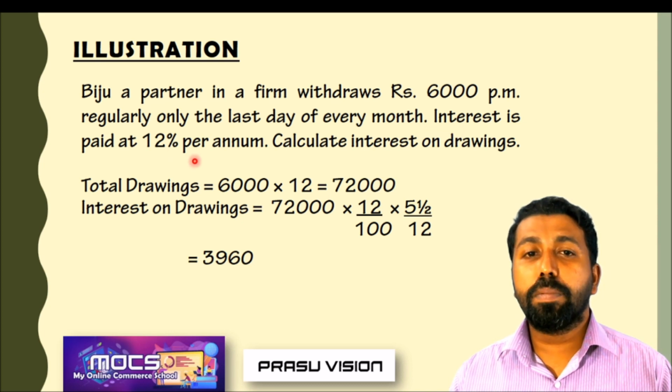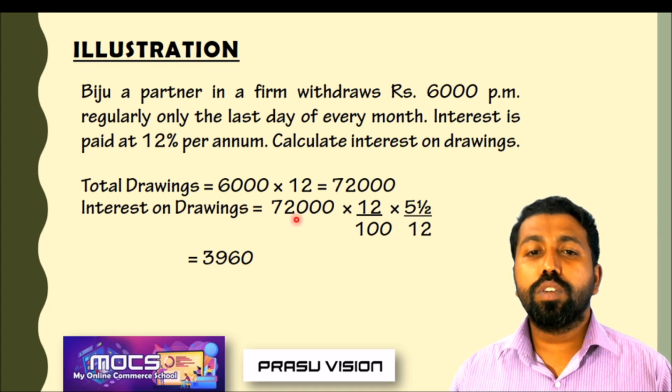Interest is paid at 12% per annum. Here also we have to calculate the total drawings. How will we calculate? 6,000 into 12, because per month is given and we have to calculate the interest per annum. So 72,000.